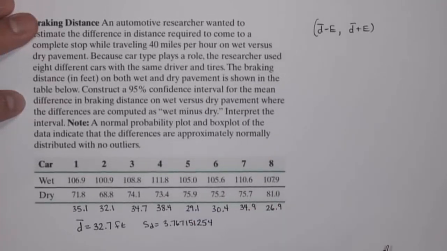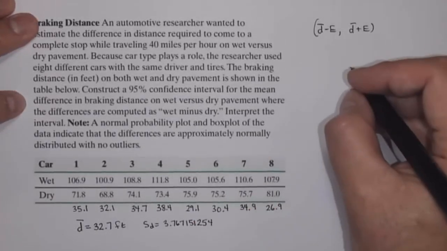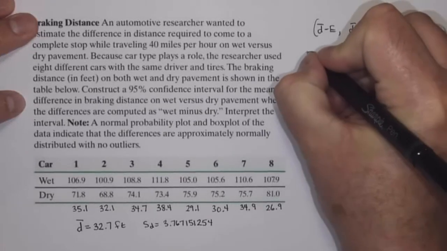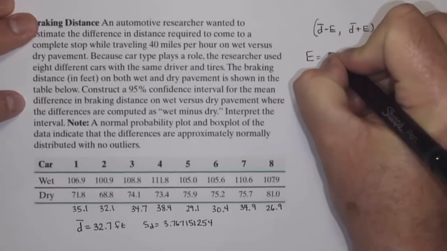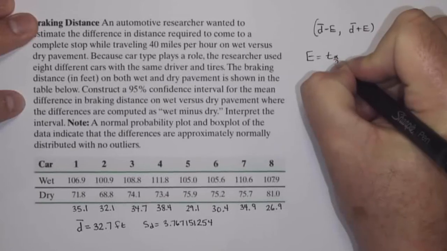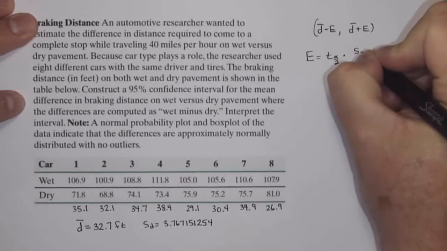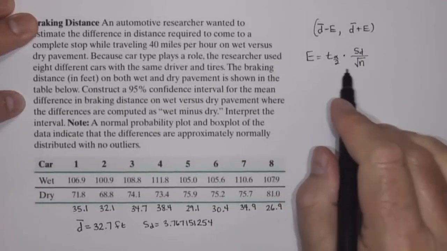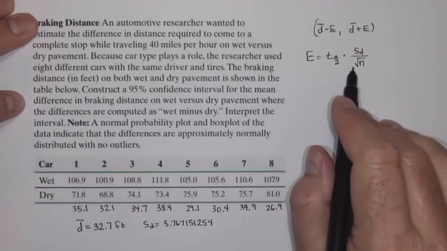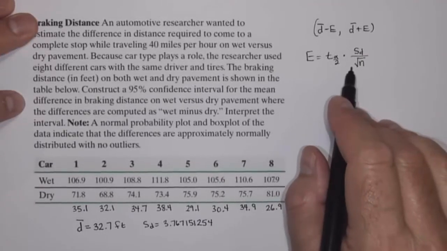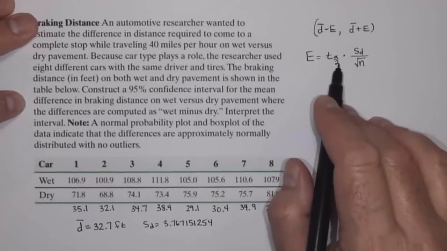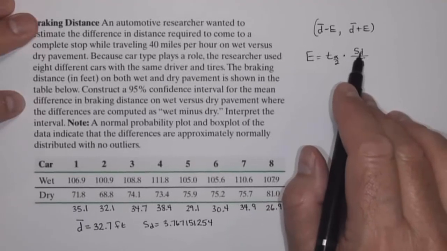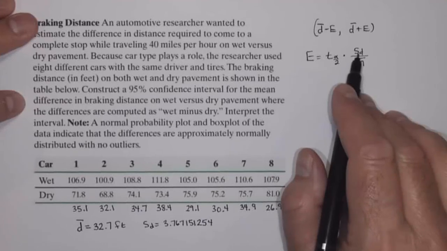We need to calculate the margin of error. Our formula is t sub alpha over 2 times s sub d divided by the square root of n. And again, that's really the same formula that we used whenever we were doing a confidence interval for a population mean. It's just that we're dealing with the differences instead of specific data.